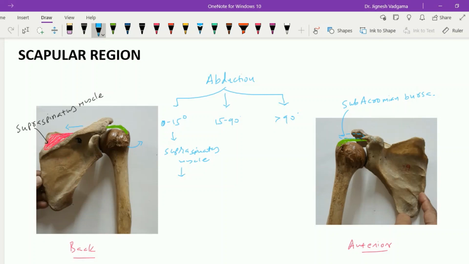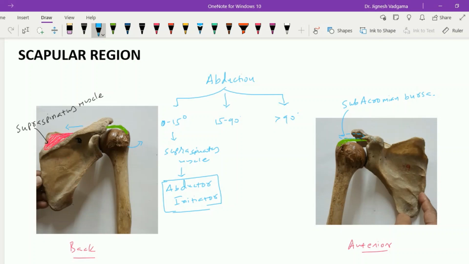So the supraspinatus muscle is the abductor initiator.